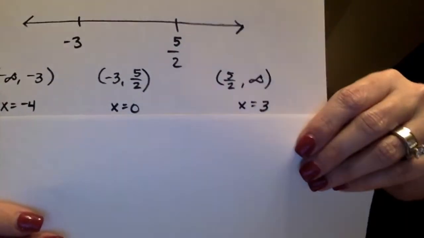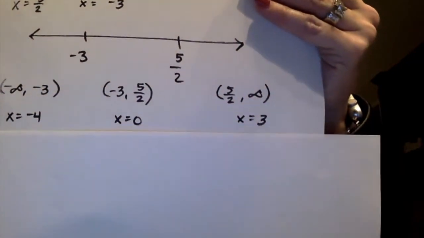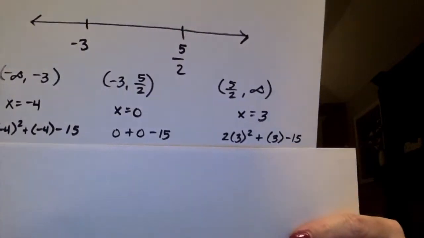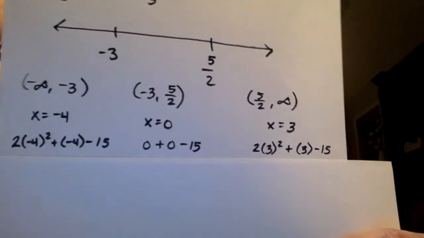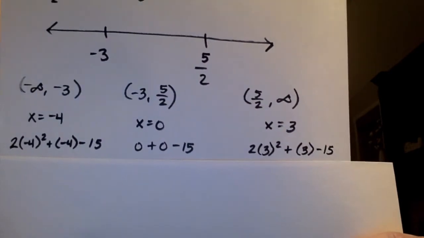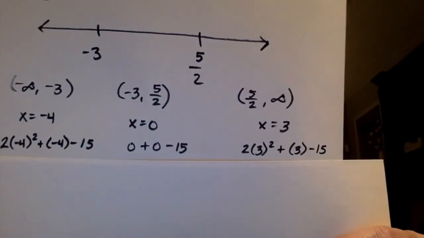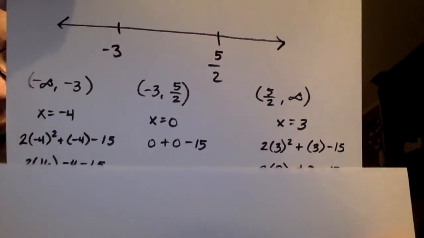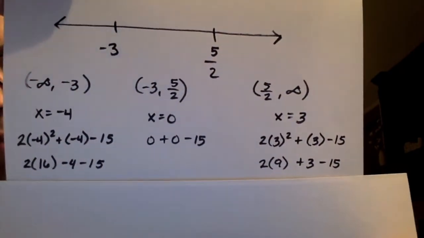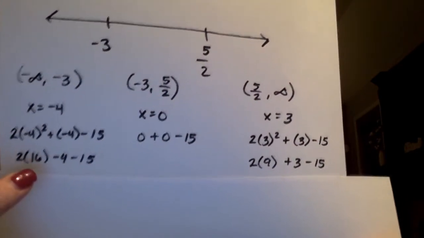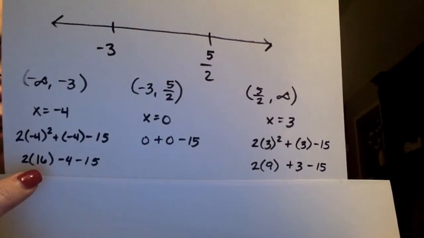So we go back to our function, and we're going to plug in those values. And this is actually kind of interesting because ultimately I don't care what the answer is. I only care if the answer is positive or negative. So as I'm working through those, maybe at some point I don't even really care so much. Like for instance here, I've got 2 times 16. I know that's 32.